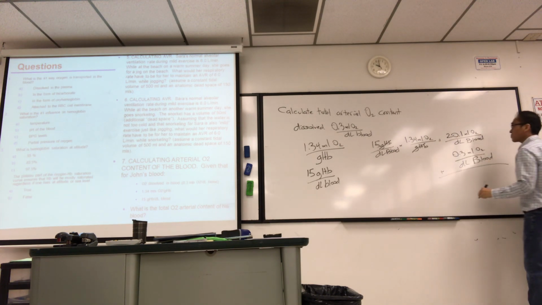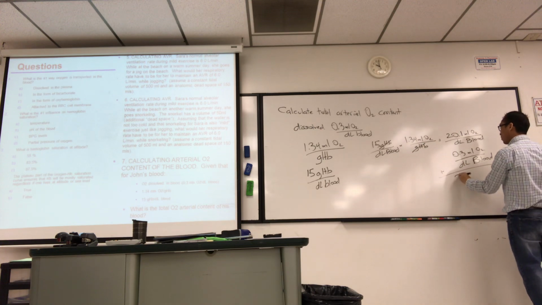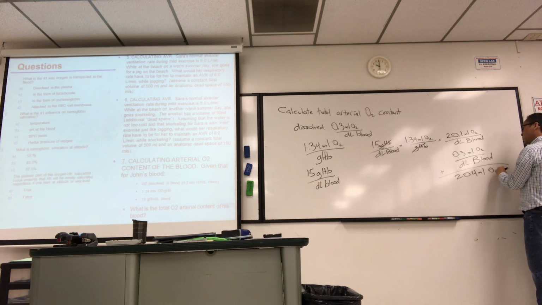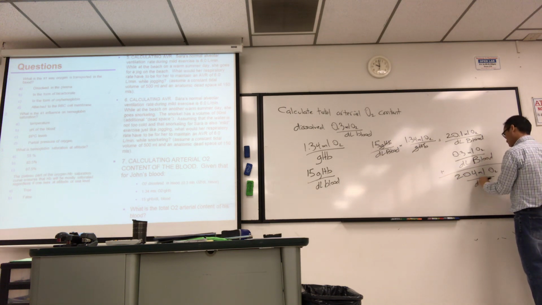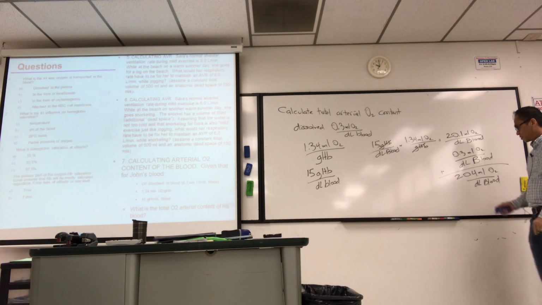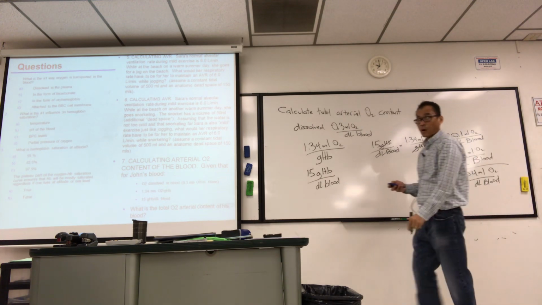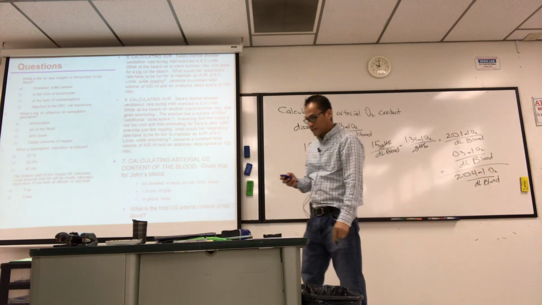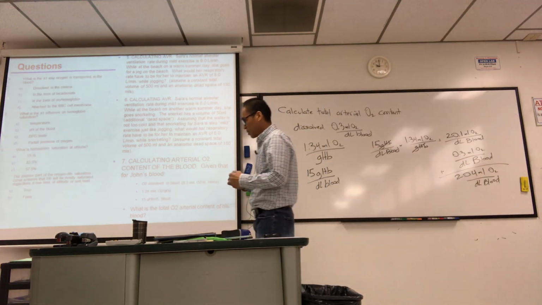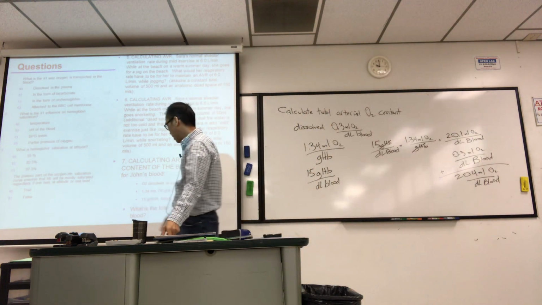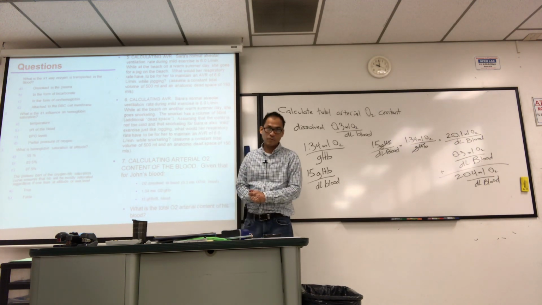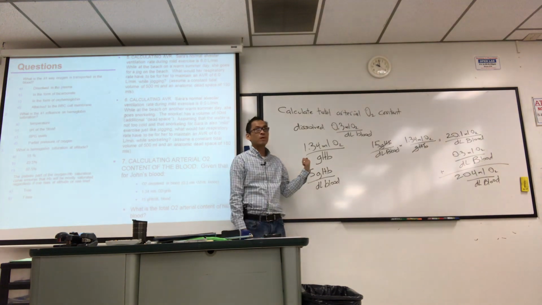Add it together, 20.4 mil O2 per deciliter blood. That is the answer, 20.4. So that's how you do it. I mean, obviously I would change the numbers a bit for an exam, but functionally, figure out how much bound hemoglobin and then just add the amount that's dissolved. Okay? Any questions on the calculation?